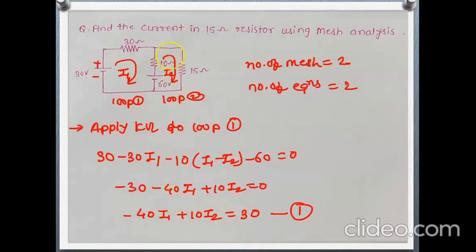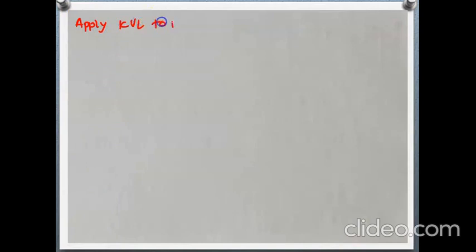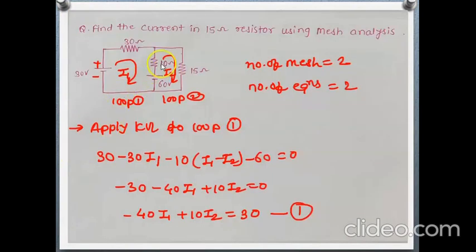Similarly, when we apply KVL to loop number 2, we get 10 (I2 minus I1), 15 I2, and going from negative to positive, positive 60.